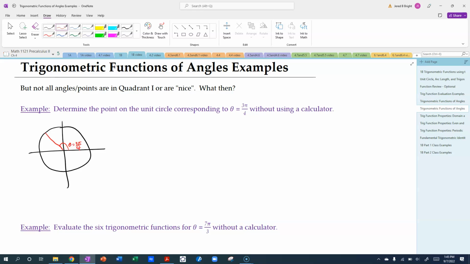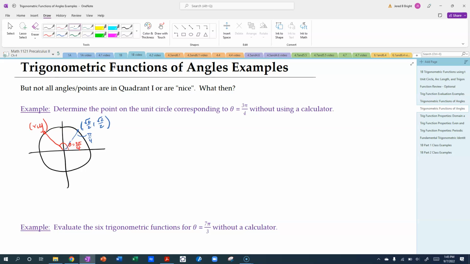Okay. How can we determine the point on the unit circle? So this is just an unknown x and y value, using what we saw with the first quadrant. Well, if you remember, our work before said that when theta was pi over 4, we had the point on the unit circle that was square root of 2 over 2, comma, square root of 2 over 2.